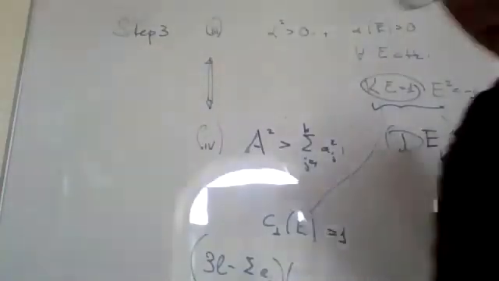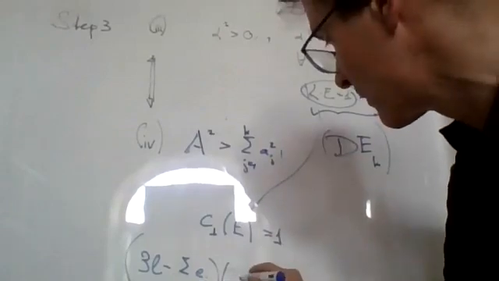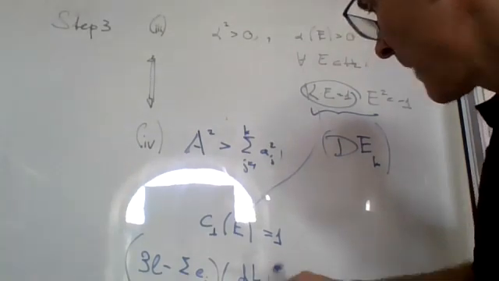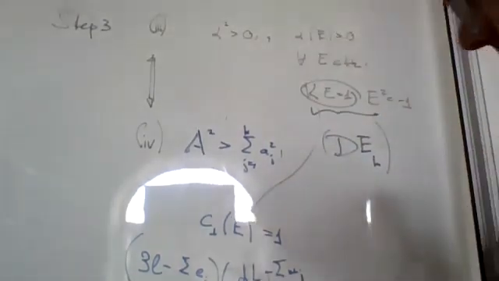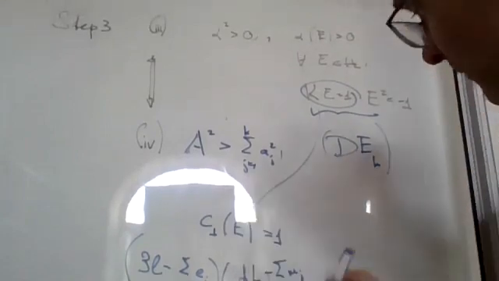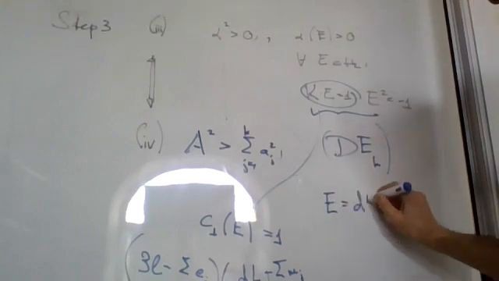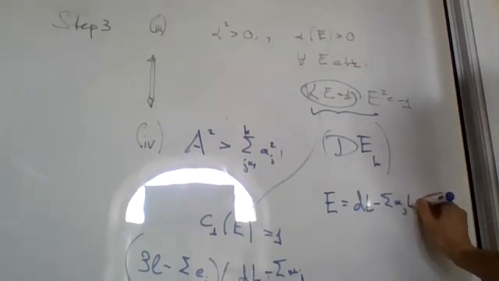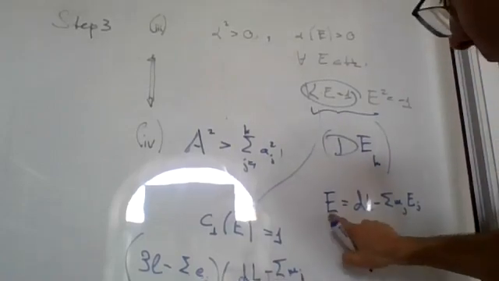Well, these numbers in the Diophantine equation were the coefficients of such an E. It's a certain D times L, plus or minus, I've forgotten, the sum of M_J. These D and M's in the Diophantine systems are just the coefficients in the canonical basis for an exceptional sphere, right? So the exceptional sphere is written as D times the line, probably minus the sum of the M_J E_J. And E_J are the classes of the exceptional divisors, and these are exceptional classes.